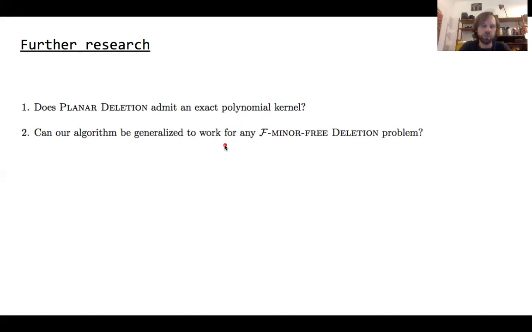Secondly, we showed an approximate kernelization for the special case of F-minor-free deletion, the simplest case that is not yet understood. And it is interesting to see whether every problem from this family is also tractable in the sense of constant factor approximate kernelization.